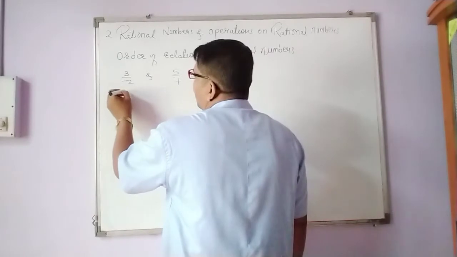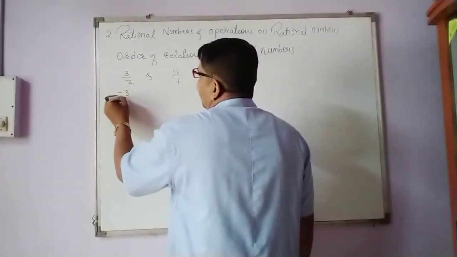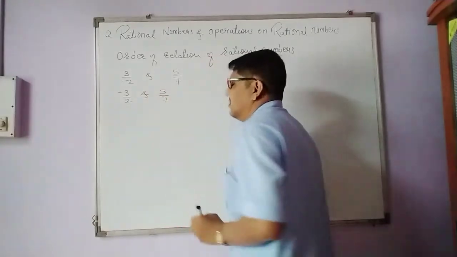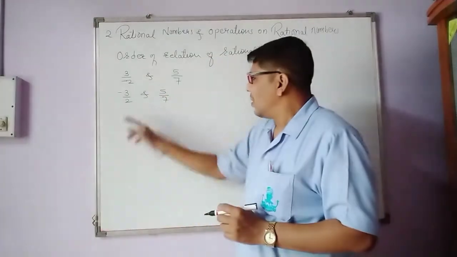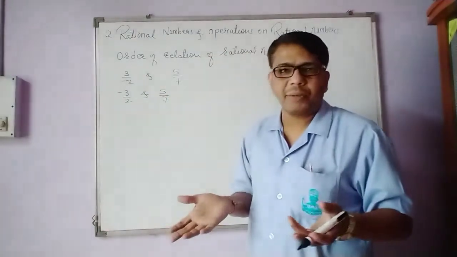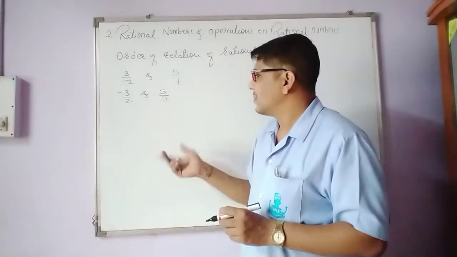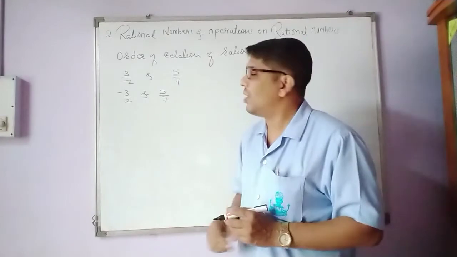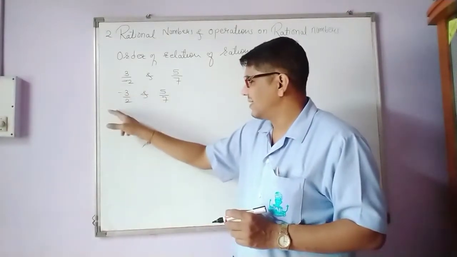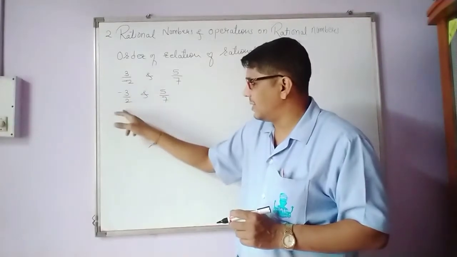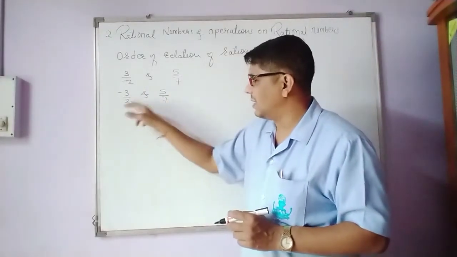So 3 upon minus 2 I can write as minus 3 upon 2, and this will be 5 upon 7. Denominators are not same, so first make the denominators equal. How to make them? Cross multiply, or multiply and get the equivalent fraction. So multiply this by 7 and multiply this by 2.